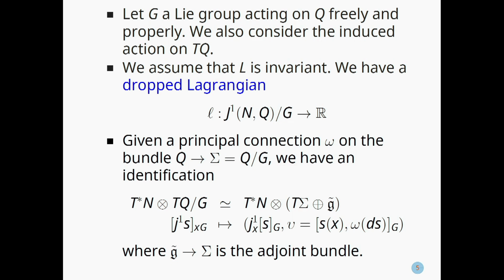That's important. So once you have a one jet, a derivative of an element of T star n TQ, and you consider the class, it goes to the derivative of the quotient of the section or the map plus something else. This bracket means the notation for the elements of the adjoint bundle, and then you have the connection here applied to the differential.